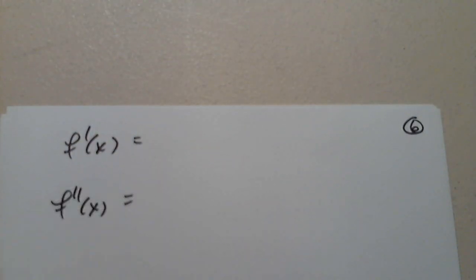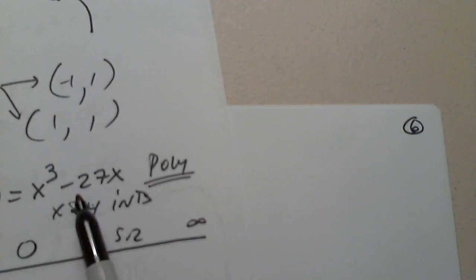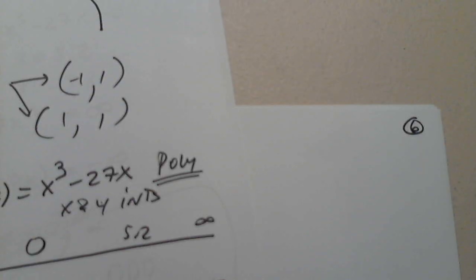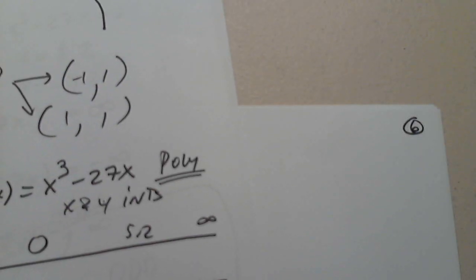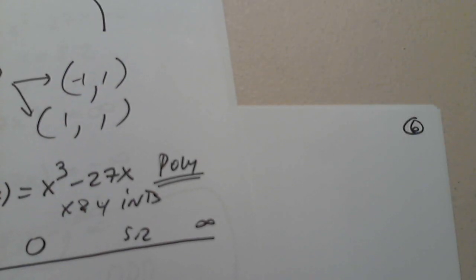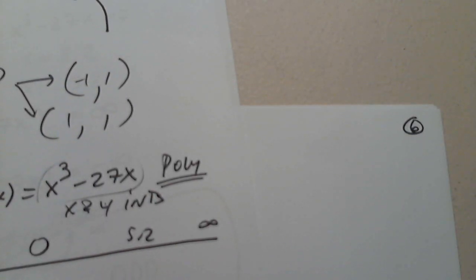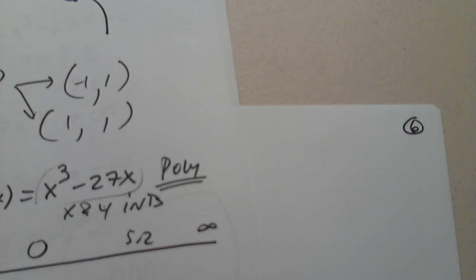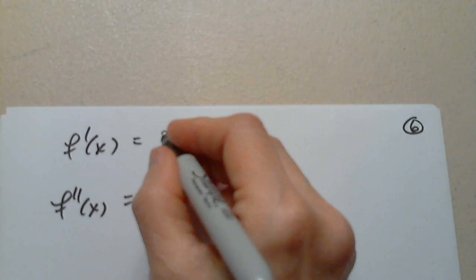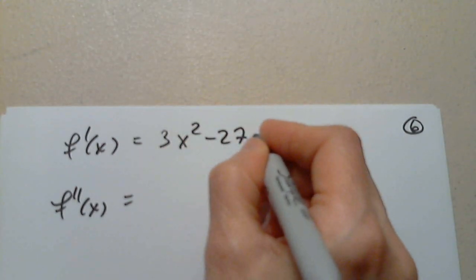So now we have to find the first derivative, and then we have to find the second derivative and see what we learn from the first and from the second about the function. Can anyone differentiate this function for us? The derivative of x cubed minus 27x. 3x squared minus 27.